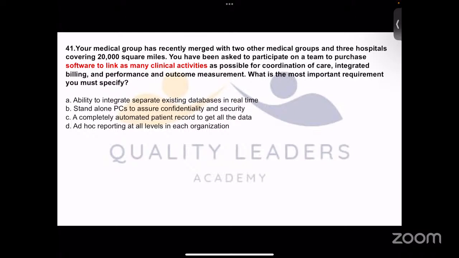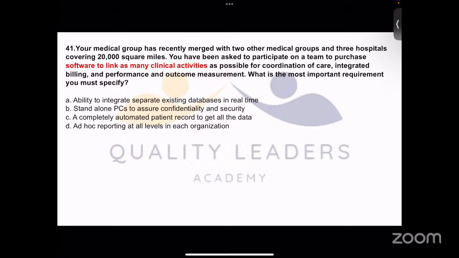What is the most important requirement you must specify? A, ability to integrate separate existing databases in real time. B, standalone PCs to assure confidentiality and security. C, a completely automated patient record to get all the data. And D, ad hoc reporting at all levels in each organization.